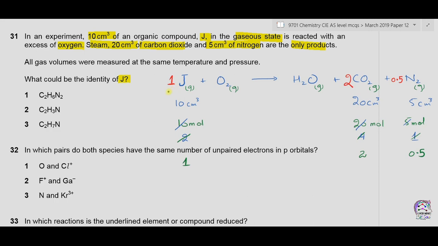According to the balanced equation, in 1 mole of J we must have 2 carbon atoms and 1 nitrogen atom. So it could be option 2, which has 2 carbon atoms and 1 nitrogen atom, and also option 3, which has 2 carbon atoms and 1 nitrogen atom. So option 2 and 3 are correct, and therefore the answer is C.